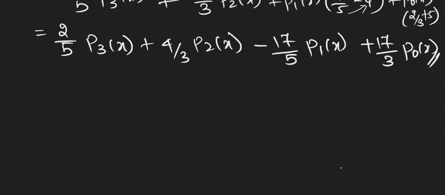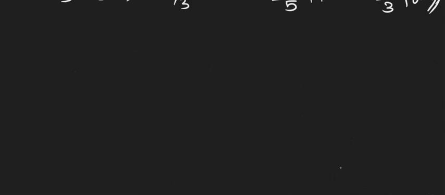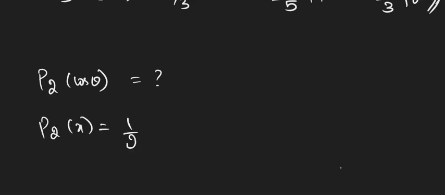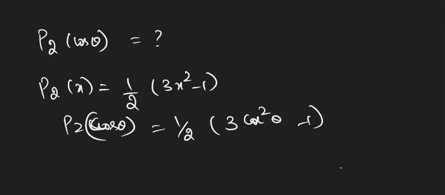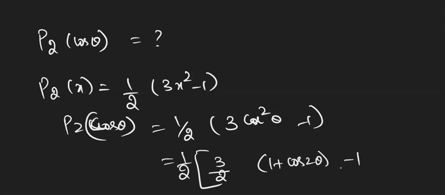That's it. So, for example, if they ask you what is P2 of cos theta. Just now we have derived P2 of x is 1 by 2 into 3x square minus 1. So P2 of cos theta is equal to, those derivations are same for all. Only the substitution differs. 1 by 2 into 3 into cos square theta minus 1. So, what is cos square theta? 1 plus cos 2 theta by 2, right? So 1 by 2 into 3 by 2 into 1 plus cos 2 theta minus 1.